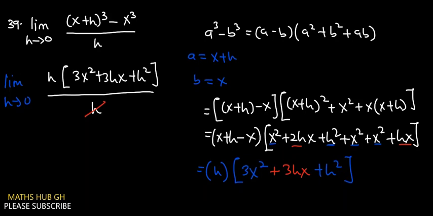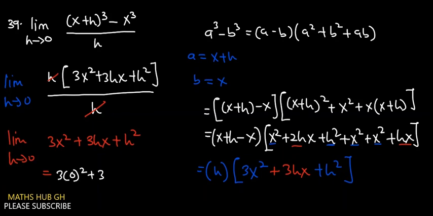Now this h will cancel out this, and then we can do the direct substitution. We are going to have the limit as h approaches 0 of 3x squared plus 3hx plus h squared. Sorry, it is h approaching 0, not x approaching 0.